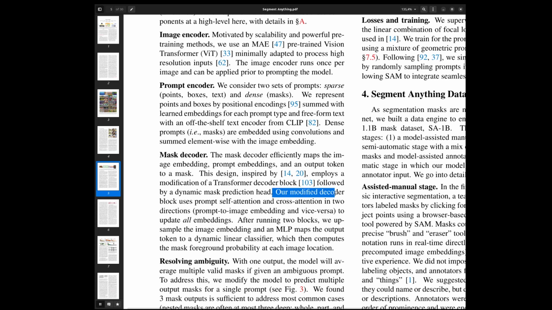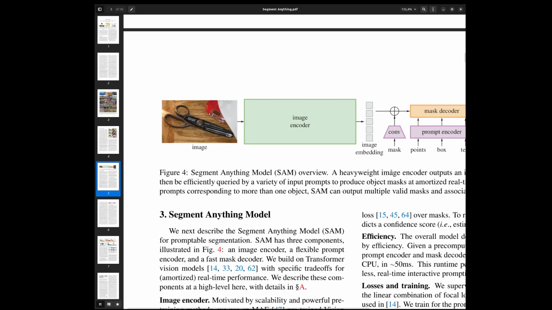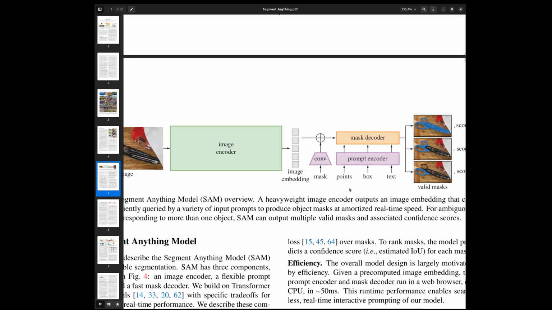So our modified decoder. There must be an image here. Okay. So this is a decoder, right? Like in MaskFormer and DETR, the things that come inside the transformer decoder are called queries.